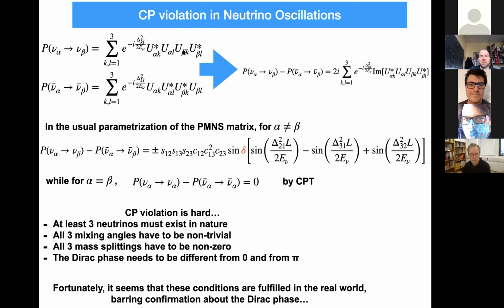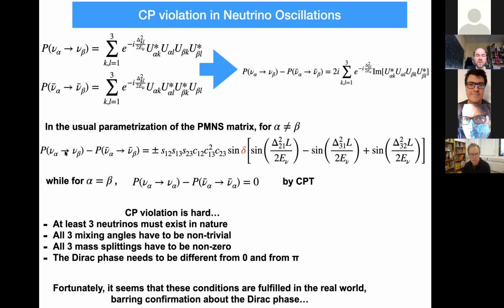Okay, so now we have this formula for the probability of oscillation of neutrinos, and the probability of oscillation of antineutrinos is the same, but you just have to replace U with U star. So we have the same formula, and then we calculate the difference between these two, and after some calculation, we get this expression.